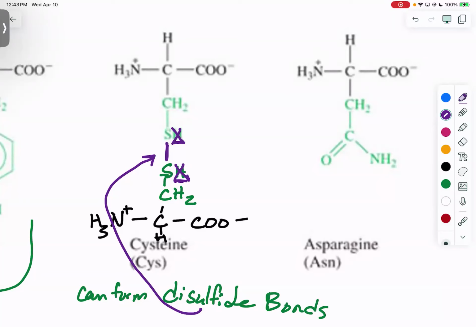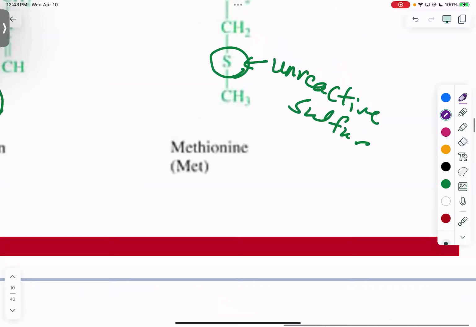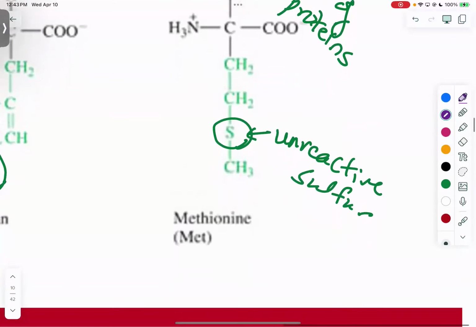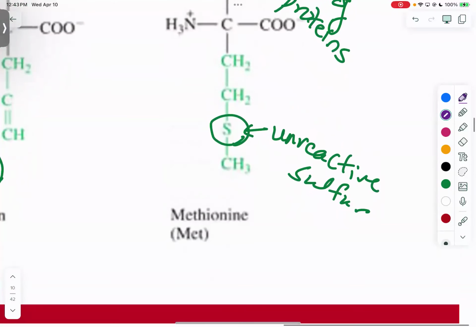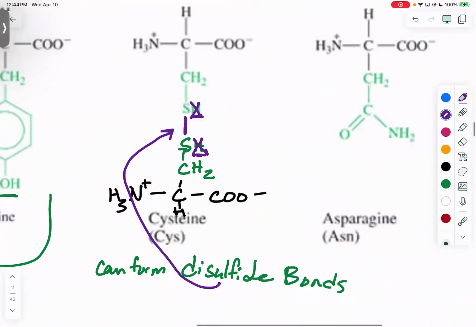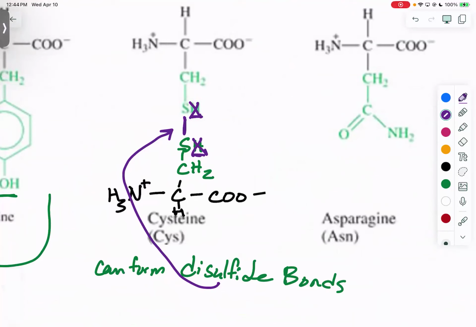Methionine. It's that the sulfur is bonded to two carbons in methionine. So in methionine, it's bonded to two carbons, which makes that sulfur super unreactive. But if we attach, instead of two carbons, one hydrogen, that hydrogen could be ripped off, and then it could form a bond with something.